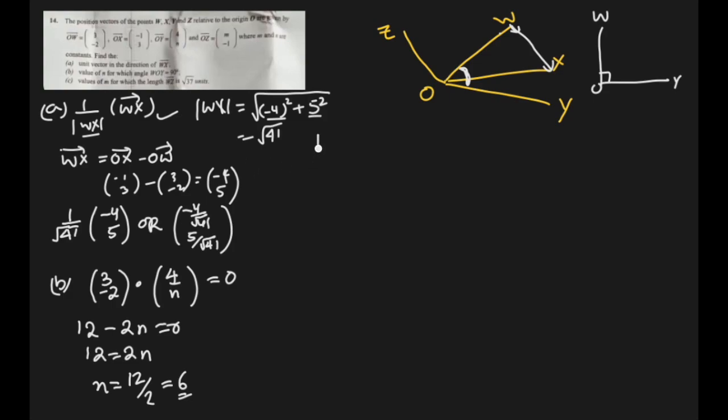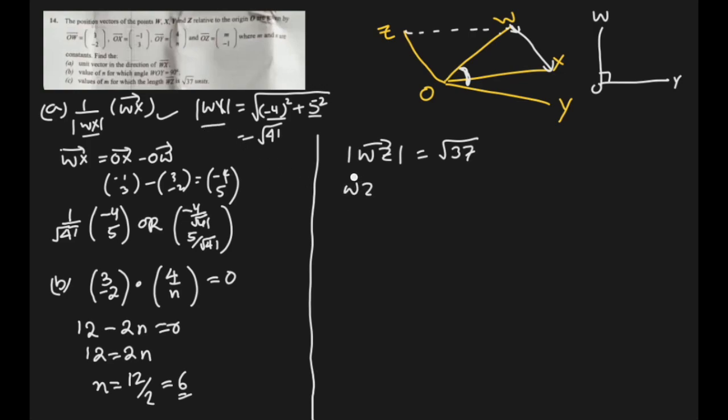Alright, next C part. Values of m for which the length WZ is square root 37. WZ, this one, is 37. Basically the magnitude of WZ is square root 37. So first find WZ just like what we did here. WZ will be OZ minus OW.